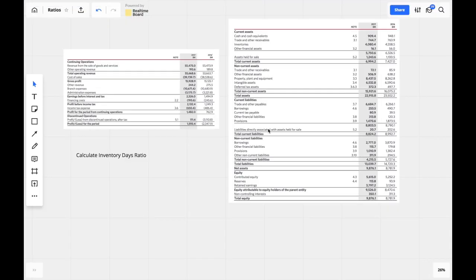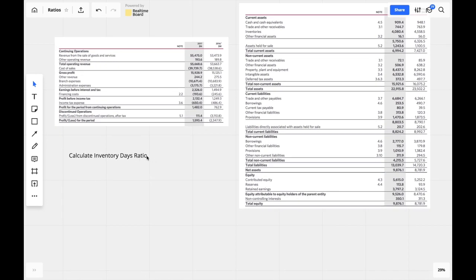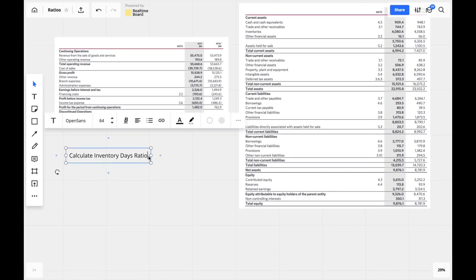So what I'm going to do here is take in this information and calculate the inventory days ratio. There are a couple of ways to calculate this. First, you can work out the inventory turnover ratio, which is COGS, cost of goods sold, divided by inventory, or sometimes average inventory over two periods of time.